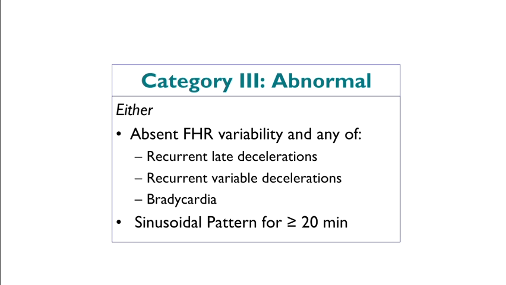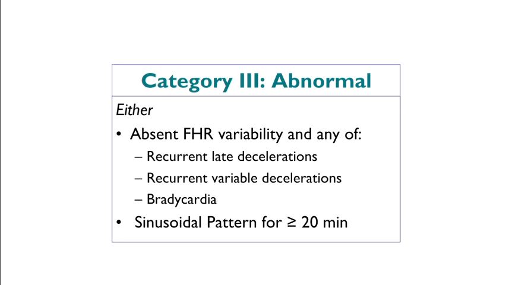Category 3, on the other extreme, is the abnormal one, and as you can see, you have absent fetal heart rate variability, but that's not enough. You also have to have one of the other 3: either recurrent late decelerations, recurrent variable decelerations, or bradycardia. And by the way, recurrent means present within 50% or more of the contractions.